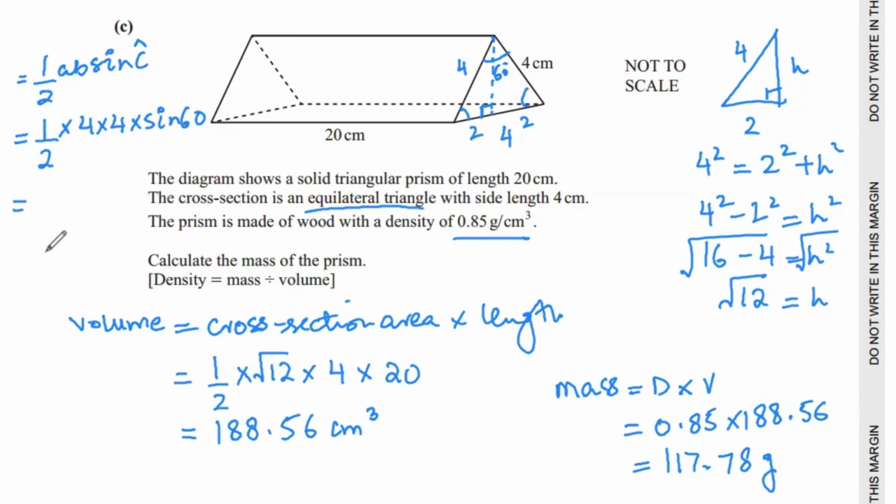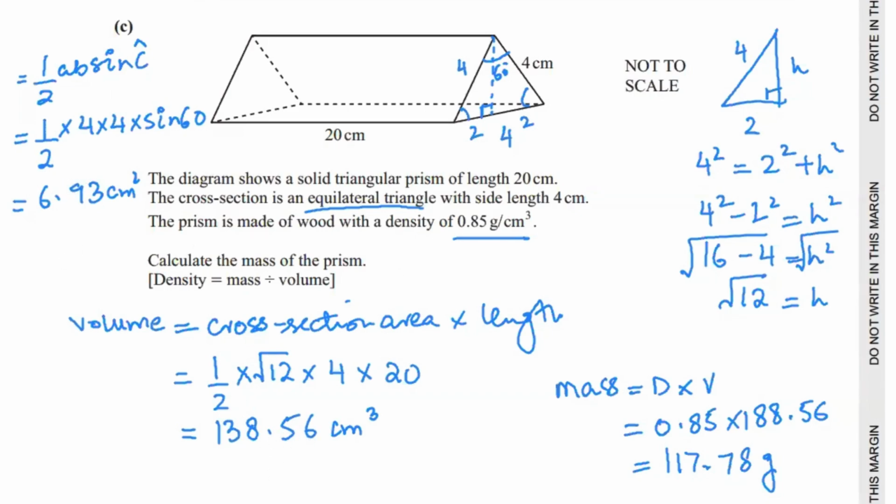So 16 times sine 60, and then divided by 2, that's 6.93. So then you multiply that by 20, which gives the same thing, 138.56.